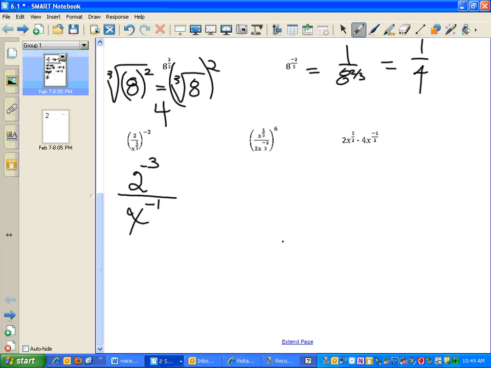Agreed? Okay. And so I can't work with negative exponents, so we're going to make my exponents positive. And so this 2 to the negative third goes where? And the exponent becomes positive. And this x to the negative 1 goes up top. And so what this really is x over 8.